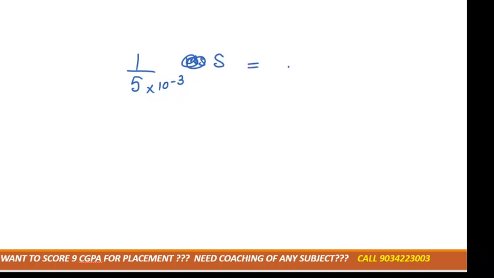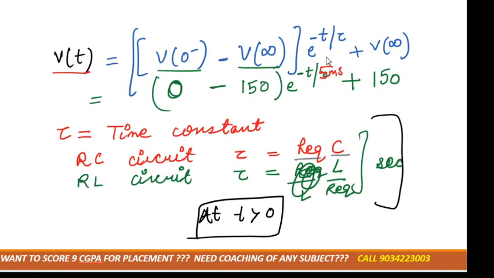That would be per second. So can we write down 10 raised to power 3 divided by 5? That is 1000 divided by 5, that would be 200, right? So the final answer is 150 minus 150 e raised to power minus 200t, plus 150, right?